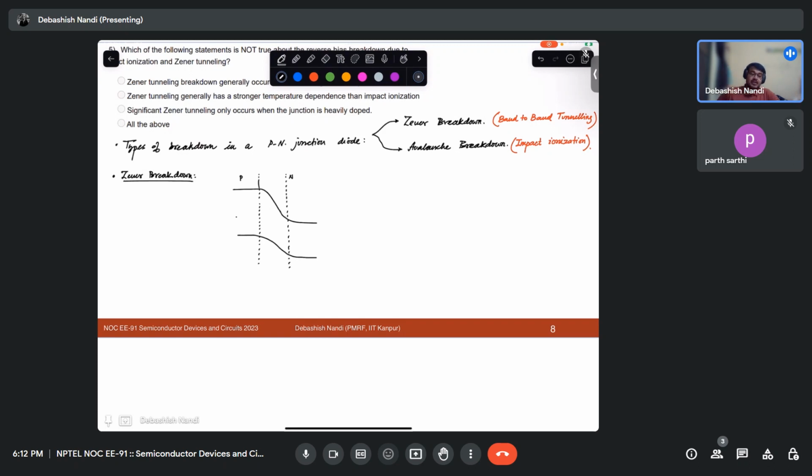This is your depletion region. This is your EC, this is your EV. And let's say this is your Fermi level, EF, in equilibrium.